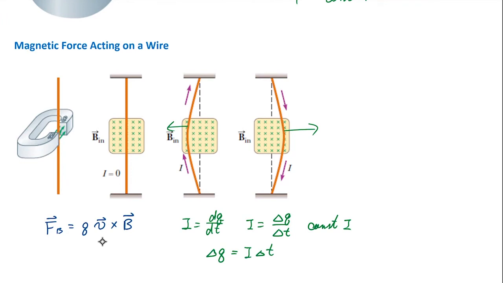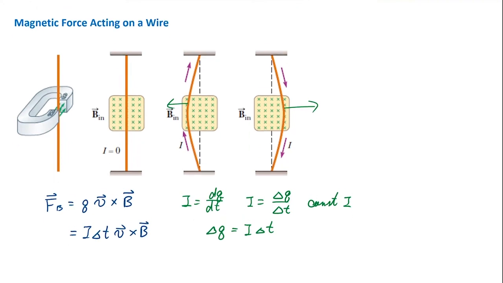And we are going to substitute that in here, okay? So what we are going to have is I delta T times v cross B. So far with me?